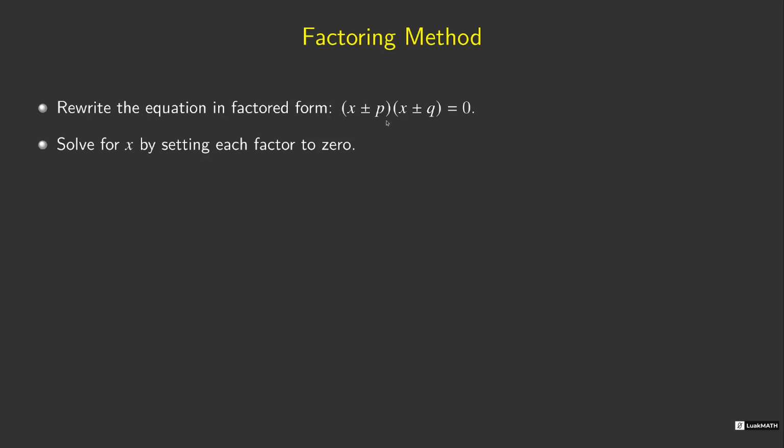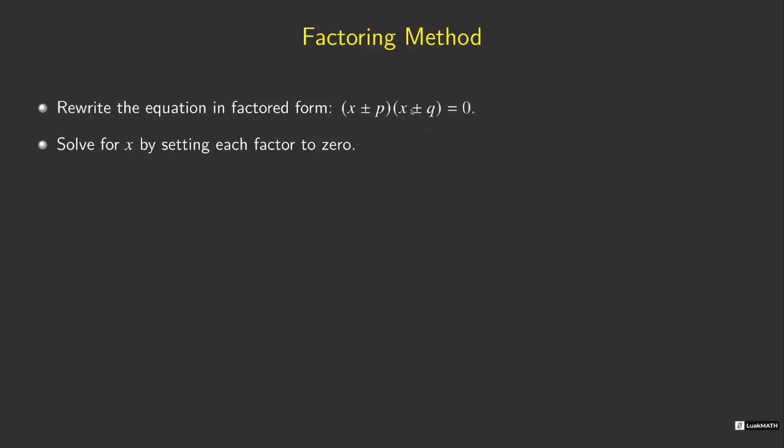So if you write it this way, now the next step is just to solve for x by setting each factor equals 0. For example, I can set x plus or minus p equals 0, and then I can just move the p to the right hand side, and that will give me one solution. I'll do the same thing for x plus or minus q equals 0.